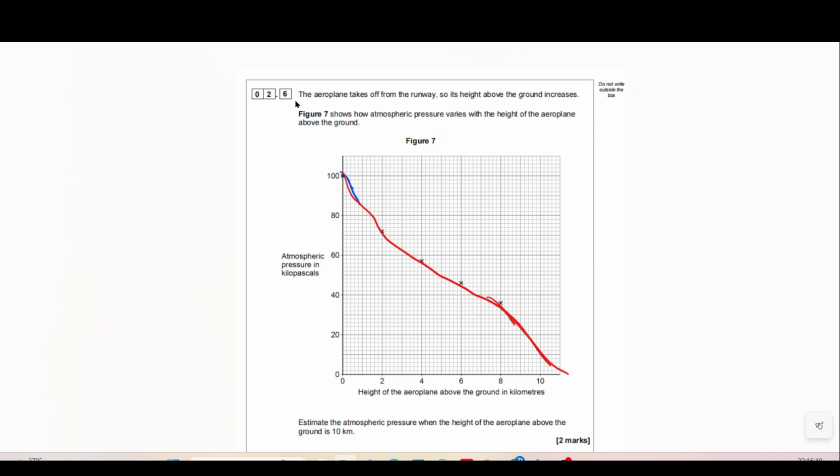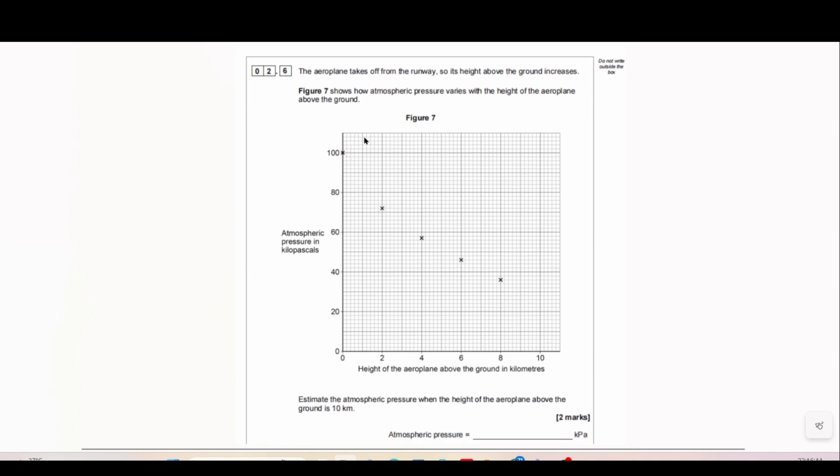Because on the x-axis we have to find the ground, estimate atmospheric pressure when height is 10 kilometers. So just go like this. 1 kilometer, 2, 3, 4, 5, 6, 7, 8, 9, 10.